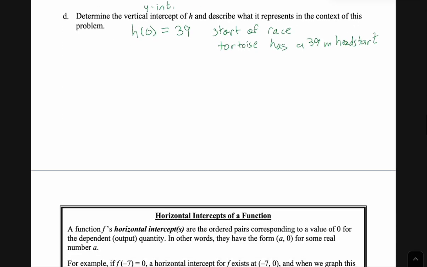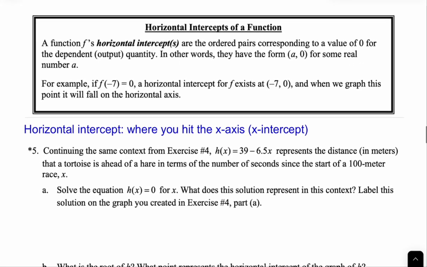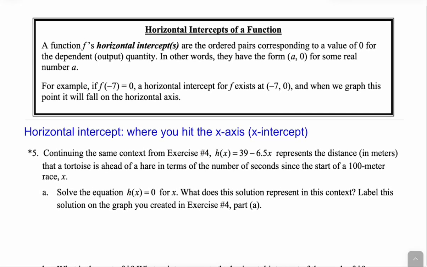Okay. So now let's talk about horizontal intercepts. Horizontal intercepts are always going to be in the ordered pair of the form a comma 0. You'll notice that our y is equal to 0, or our function has been set equal to 0. It is where you hit the x-axis. It is our x-intercept.